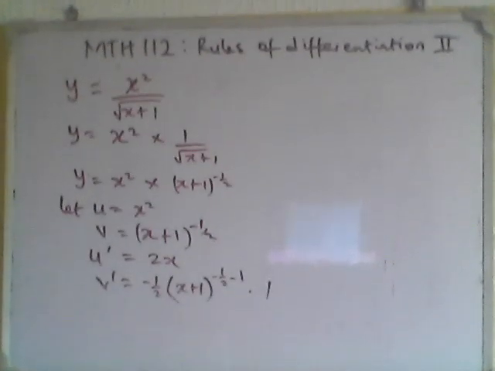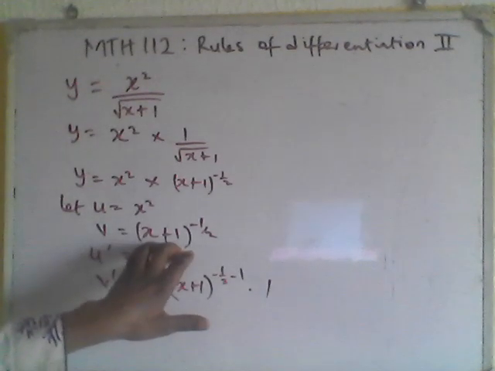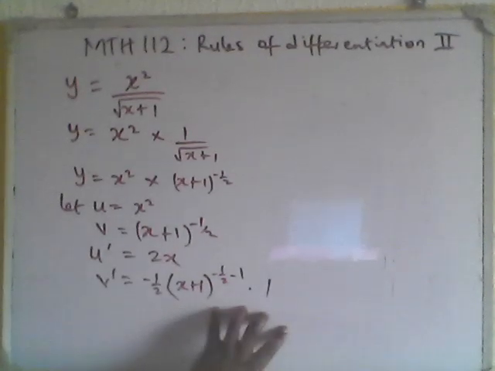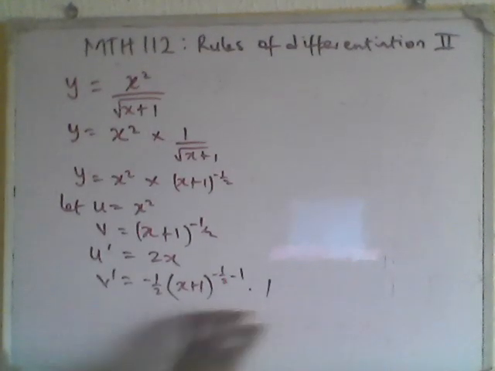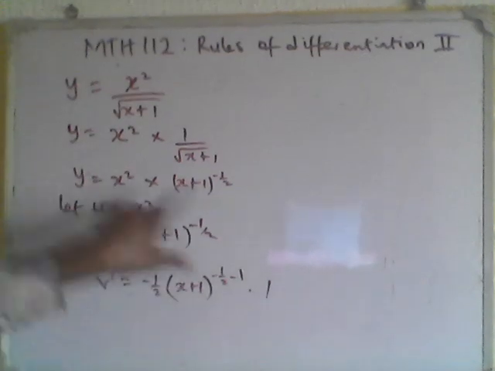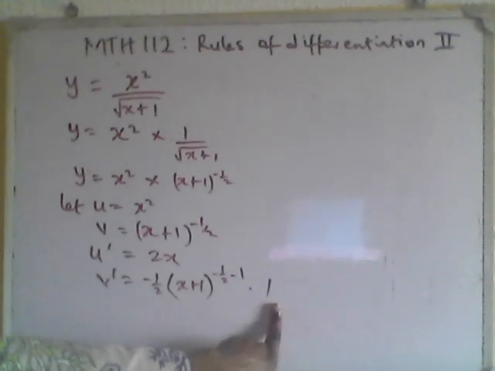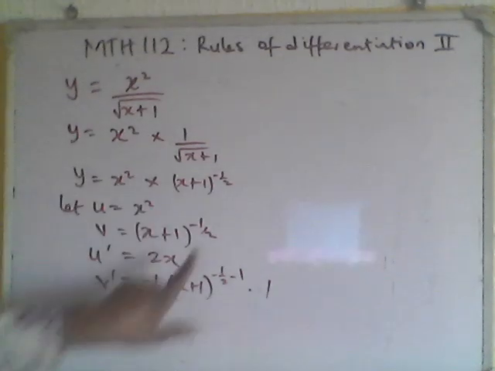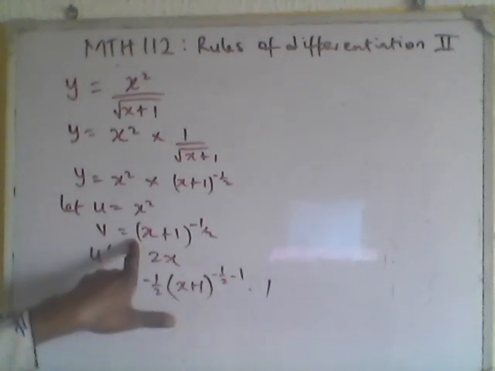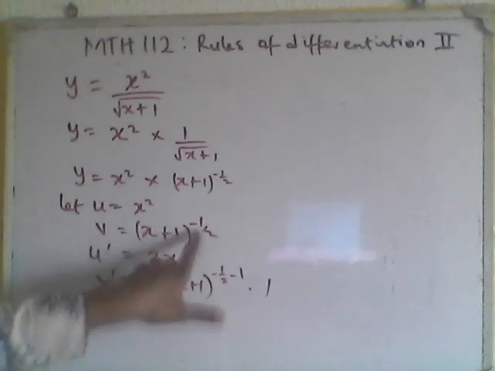So this is actually a composite function of a function. I'm just writing it out straightly, but because I've taught you function of function, there's a function inside a bigger function. So the differential of this function inside is 1. That's why I have this one here. In composite differentiation, the power comes down to the coefficient, and the power is reduced by 1.